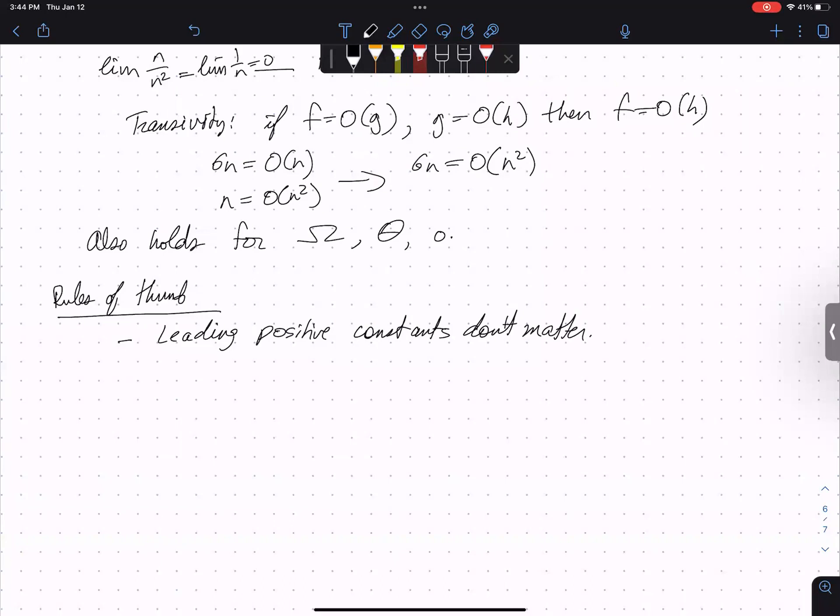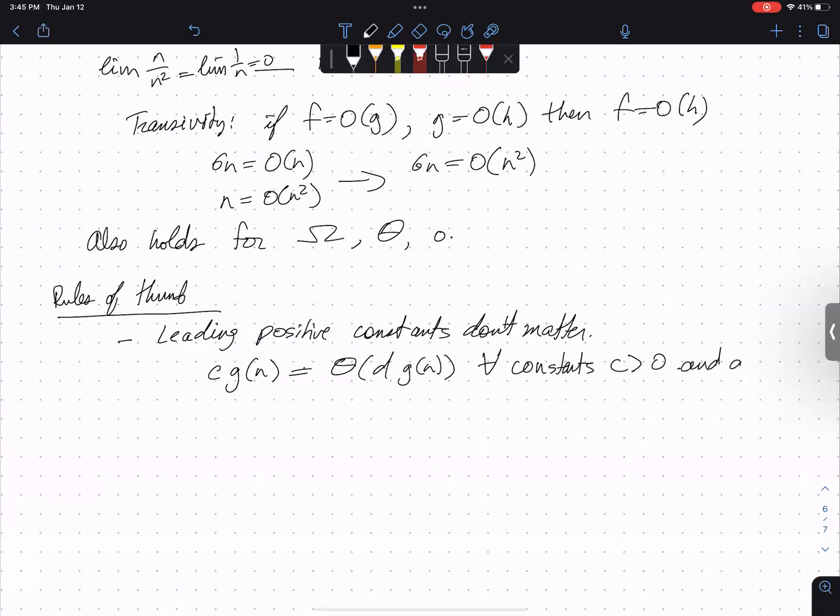For example, c times g of n is theta of d times g of n for all positive constants c and d, and functions g.